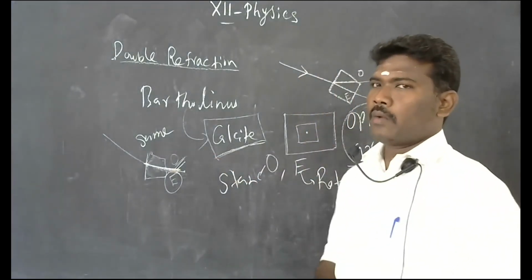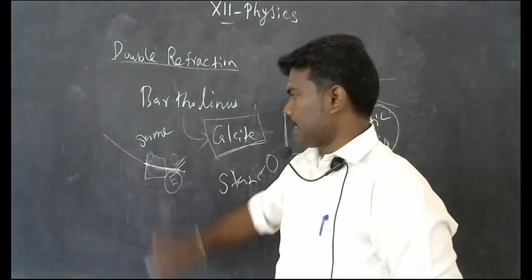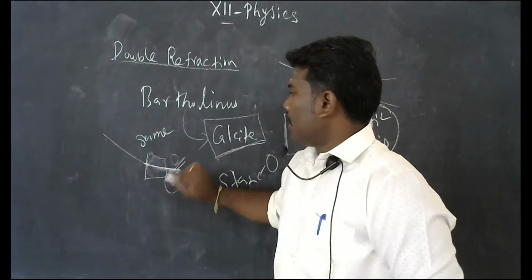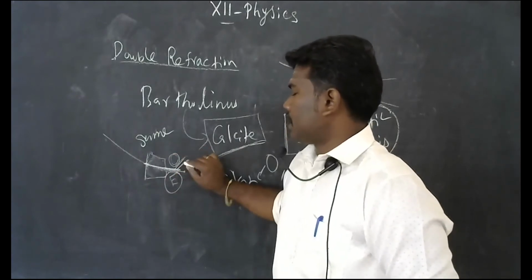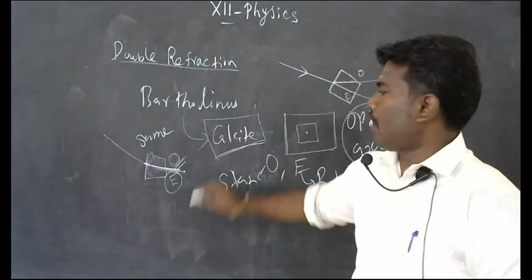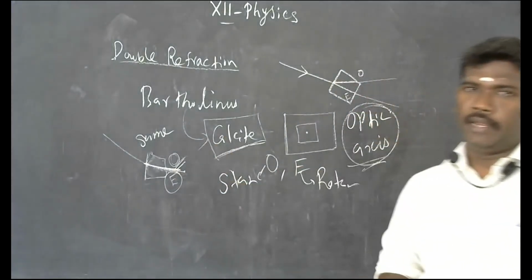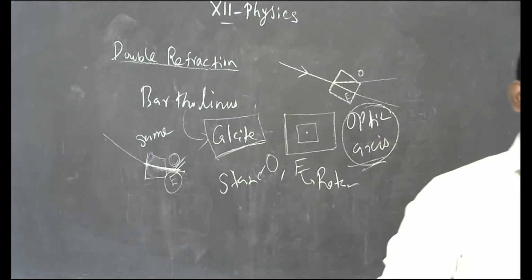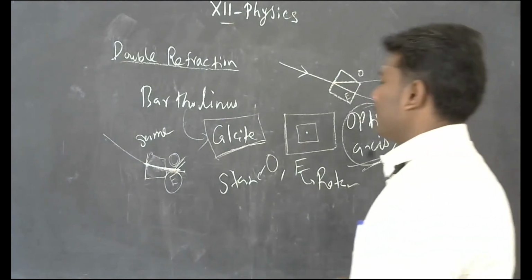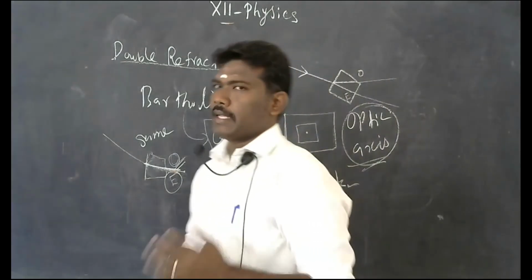And another difference is the wavefront. In the crystal, the ordinary light ray forms a spherical wavefront. The extraordinary light ray produces an elliptical wavefront. So in a particular crystal, there is a spherical wavefront for the ordinary light ray and an elliptical wavefront for the extraordinary light ray.